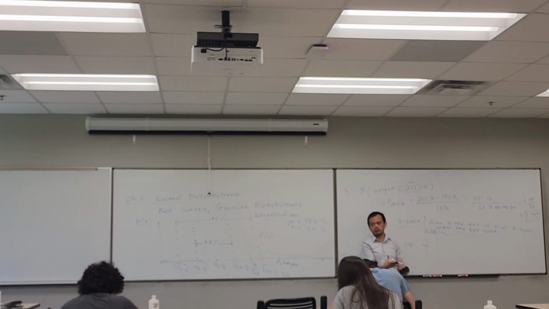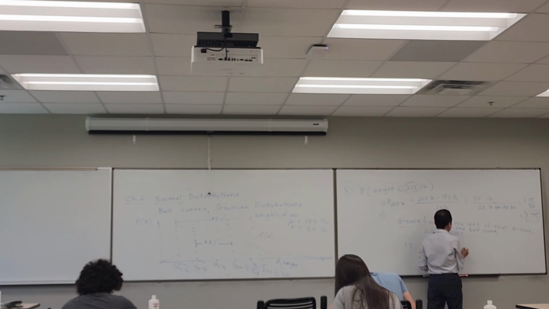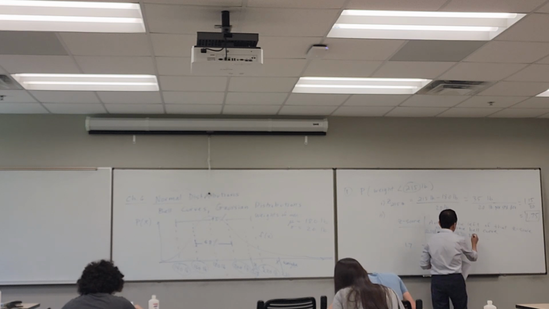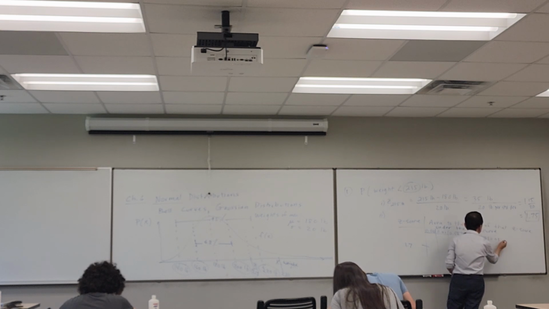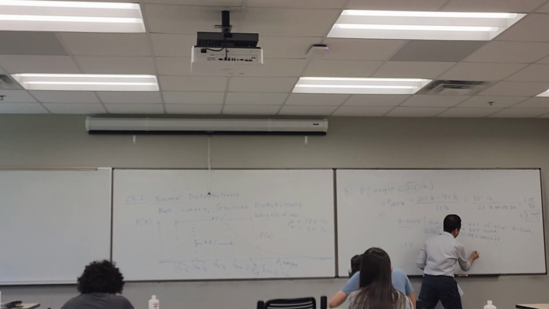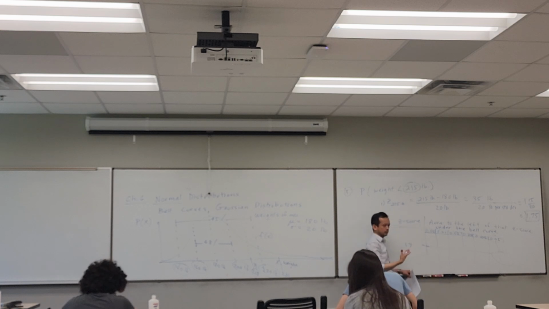But we want to add on an extra 0.05, so we're going to go over to the 0.05. And then we're going to take that column and intersect it with the row that has just 1.7. And then whatever that number is represents that area that we're looking for, for the z-score of 1.75.